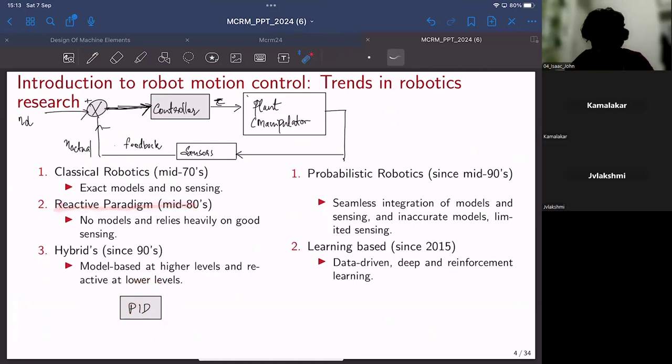We call this the reactive paradigm, and it heavily relies on good sensing, but there are also several drawbacks associated with it, in a way that it is very sluggish actually. It depends on how you tune these PID gains.